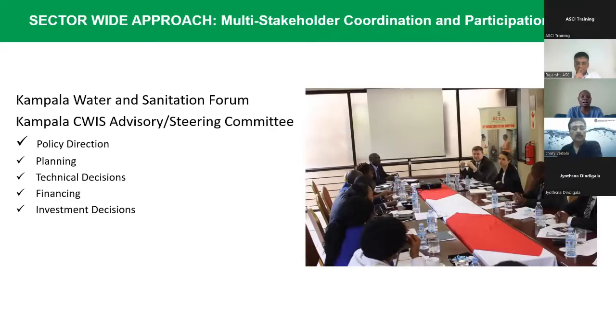This was the Kampala Water and Sanitation Forum, and here the city could communicate the vision for sanitation improvement for the whole city, and different players could plug in with resources and technical expertise to focus on the clear priorities of the city instead of everybody doing whatever they wanted. Next.